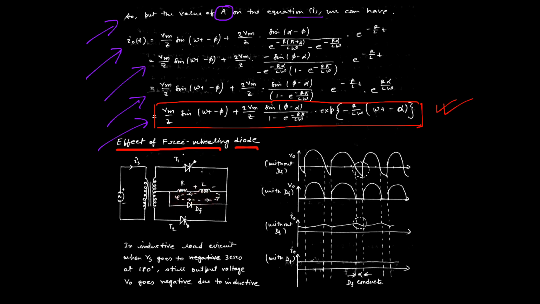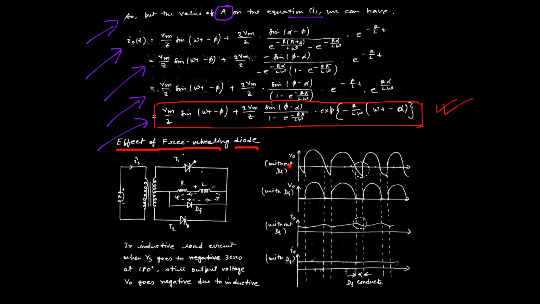That is why there is no negative peak. Okay, we can represent the total discussion by these waveforms also. The first two waveforms, V0 and V0, are without freewheeling diode and with freewheeling diode, and these are the current waveforms without and with freewheeling diode.